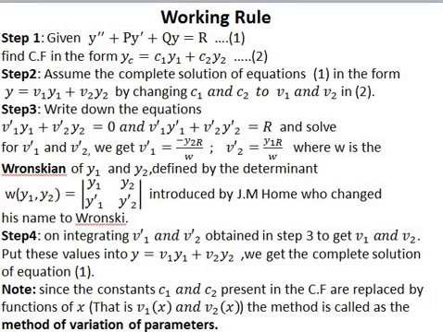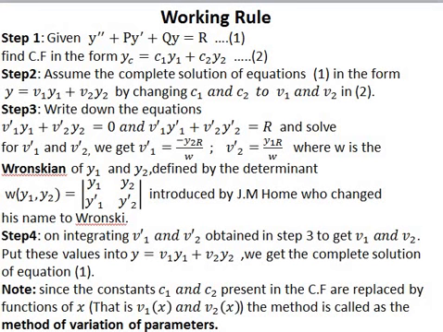Step 2: Assume the complete solution of equation 1 in the form y is equal to v1 y1 plus v2 y2, by changing c1 and c2 to v1 and v2 in equation 2. Step 3: Write down the equations v1 dash y1 plus v2 dash y2 is equal to 0 and v1 dash y1 dash plus v2 dash y2 dash is equal to r, and solve for v1 dash and v2 dash.